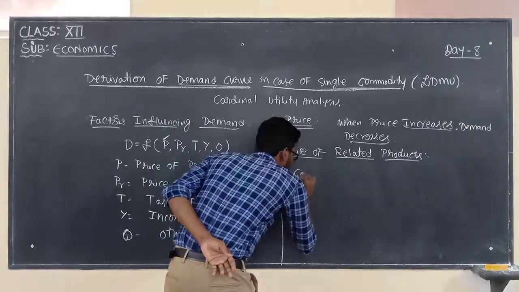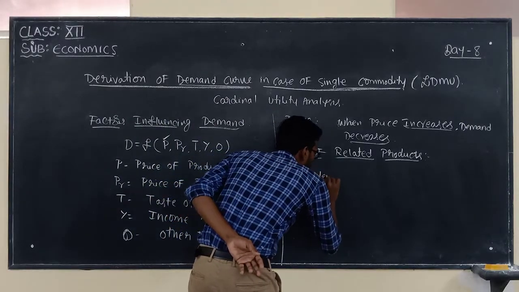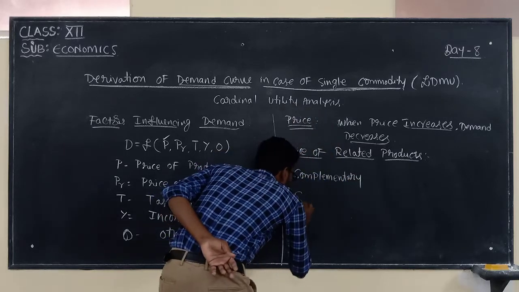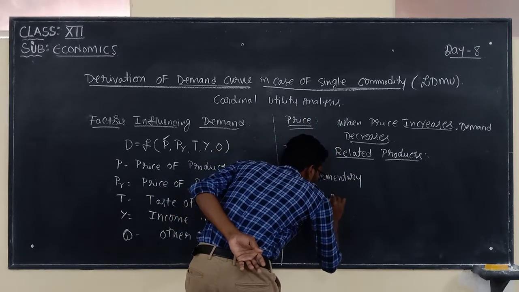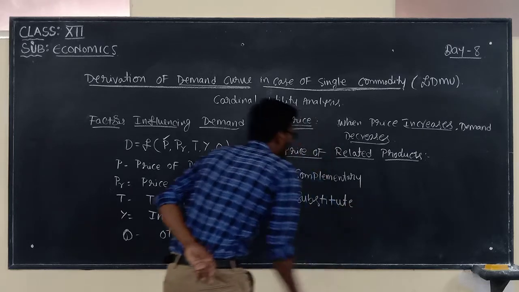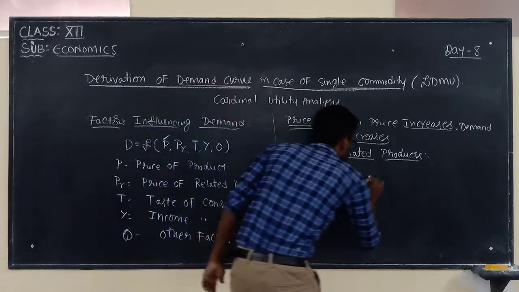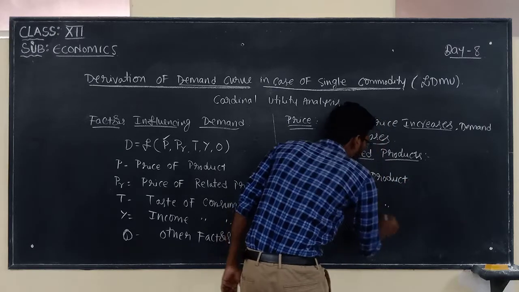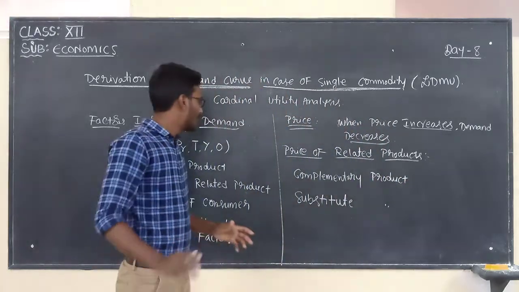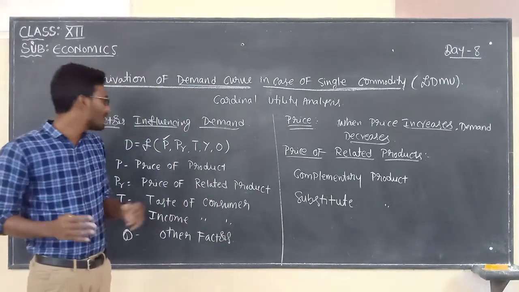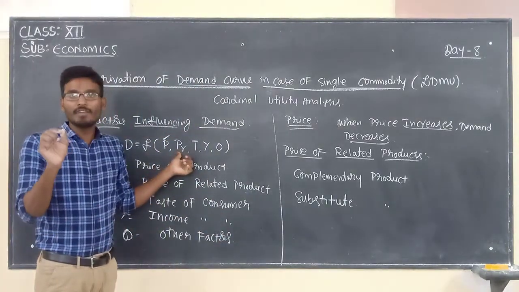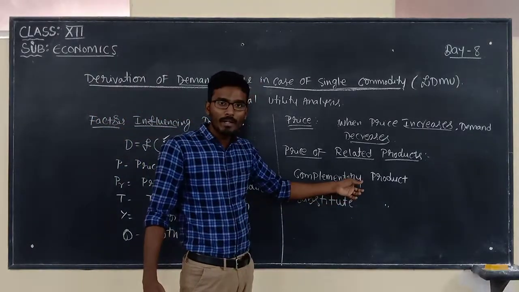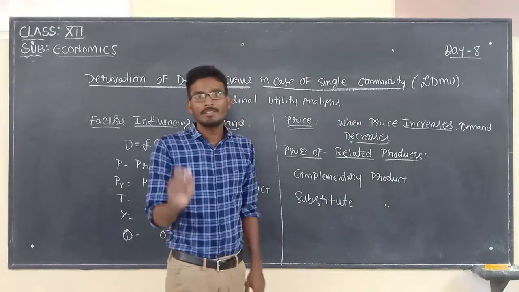One is complementary, the second one is substitute. Whenever you are considering the price of related products, every product will have two types of other products: complementary products and substitute products.